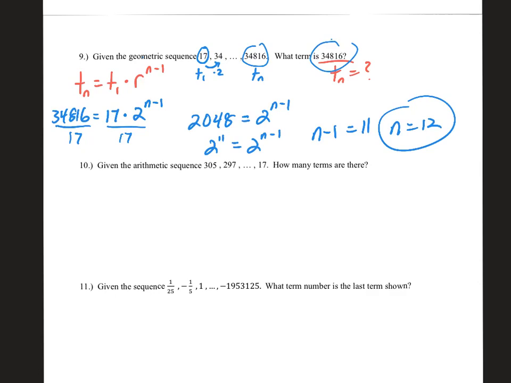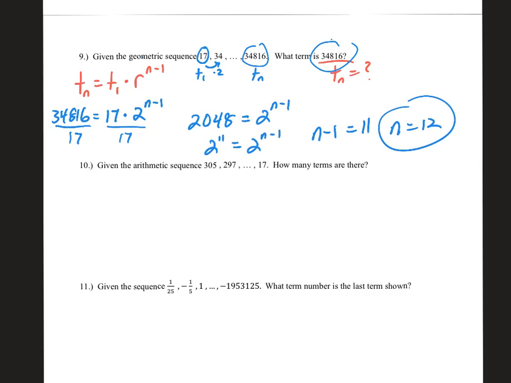If you did not recognize that 2048 was a power of 2, you can use logs, take the log of both sides, and do it that way. But when you do these problems, most of the time you're going to recognize the values.